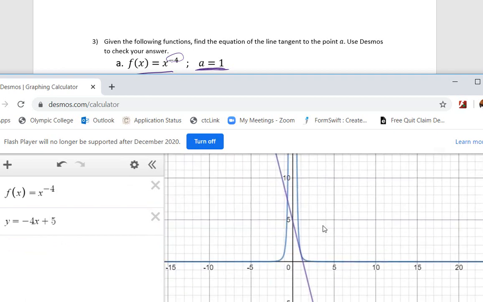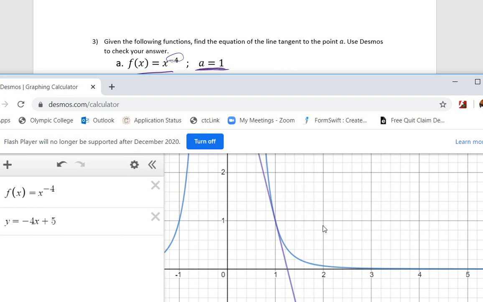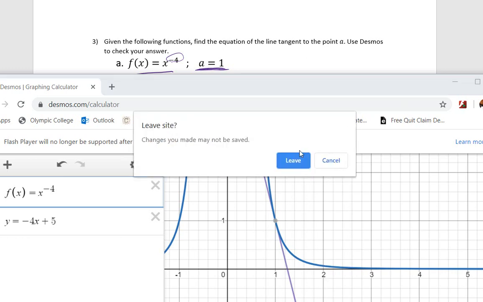We were looking at when a equals 1. So if we look at when x equals 1, we can see right here that we do have a nice tangent line that hugs our curve. So we did super awesome.